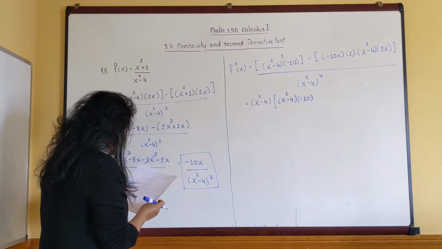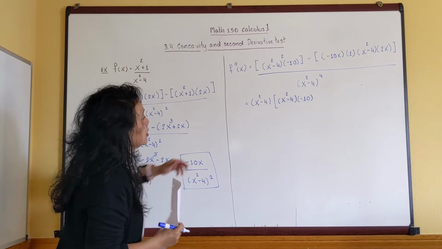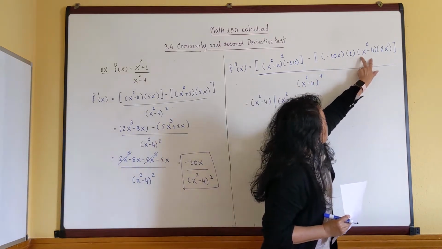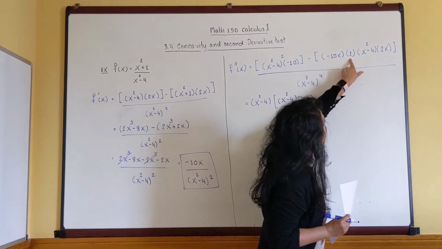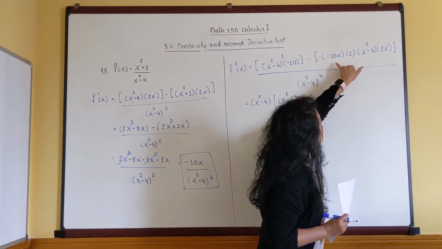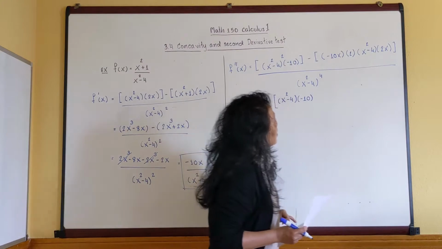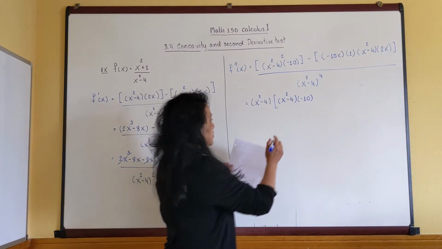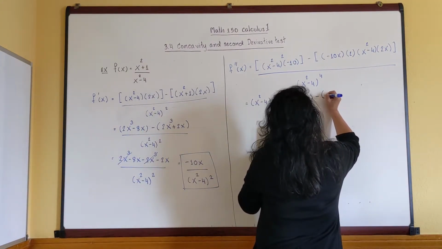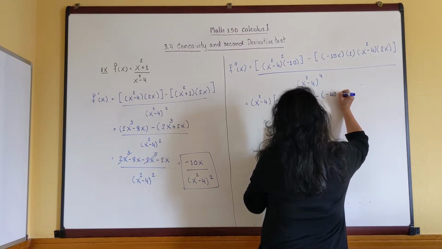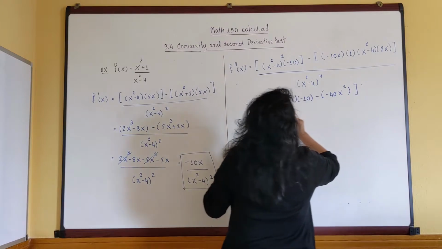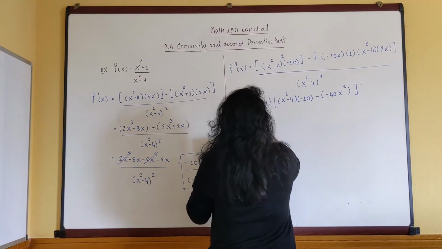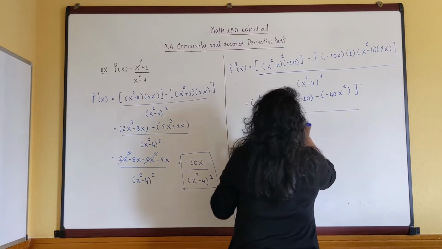Now my second term, if I factor this out, I'm left with negative 10x times 2 and 2x, so negative 20, so negative 40x. Squared. Alright? And the denominator remains the same.